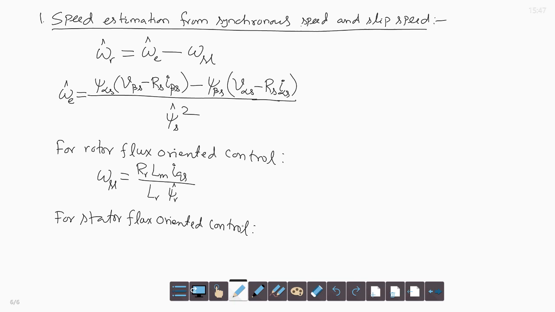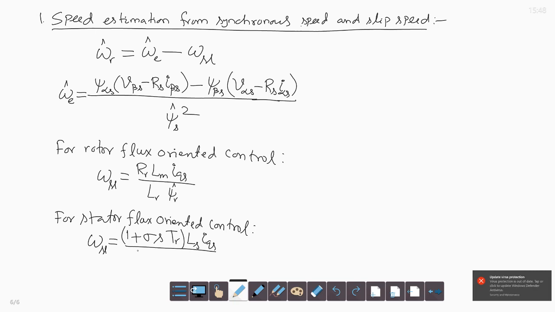the slip speed omega SL we have derived, it is 1 plus sigma TR S, S being the Laplace operator, into LS IQS divided by the rotor time constant TR into (psi ds minus sigma Ls into IDS).